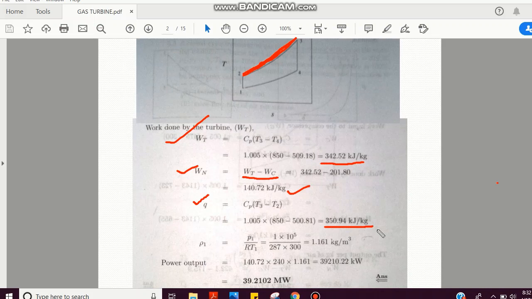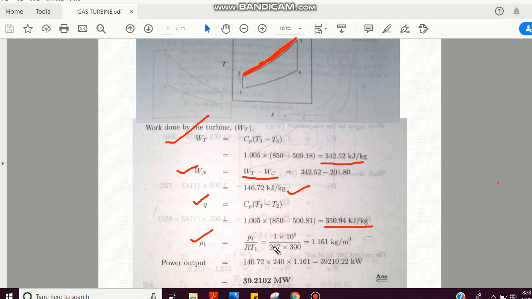Now we have to find out the density of the gas or air. Rho is the density, so rho 1 is equal to P1 by RT1, or we can say rho is the reciprocal of the specific volume.